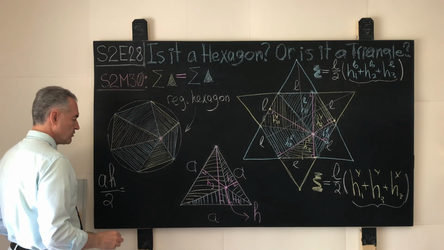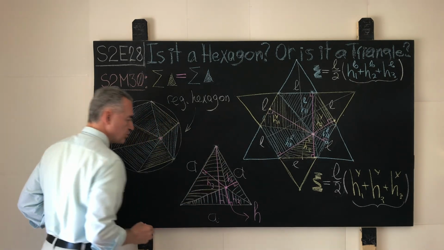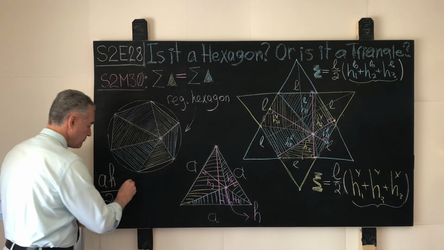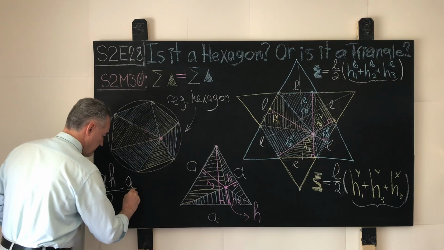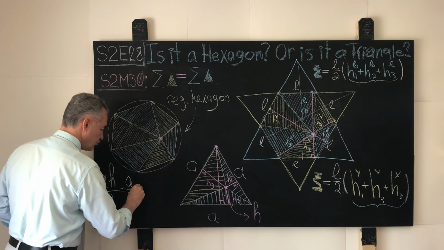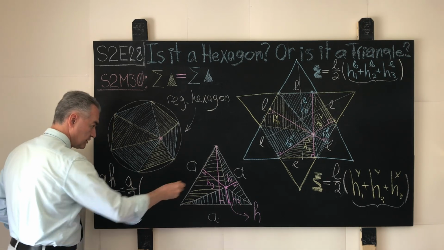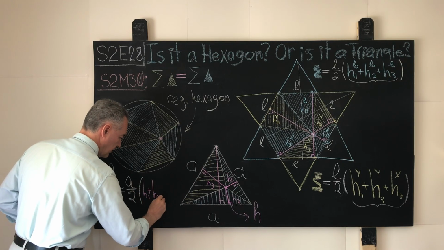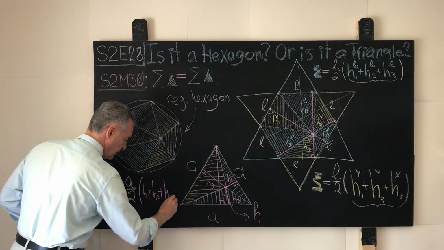And then what can we say about the sum total of the areas of the smaller triangles? Well, it will be the same base, A over 2, times the sum, H1 plus H2 plus H3.